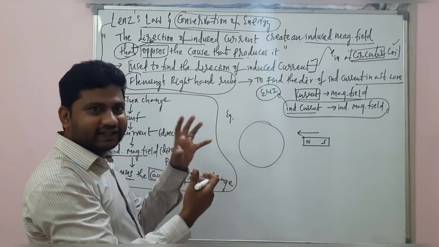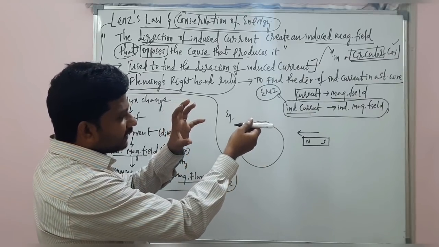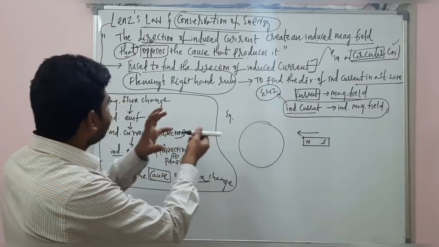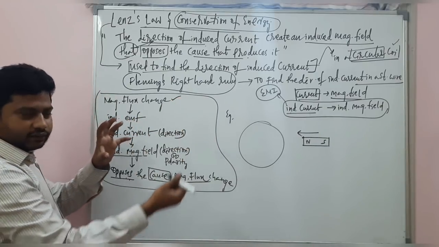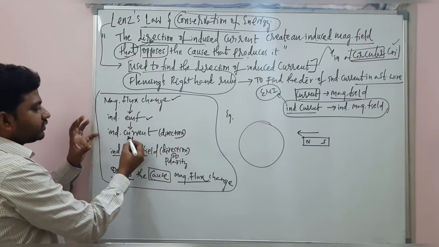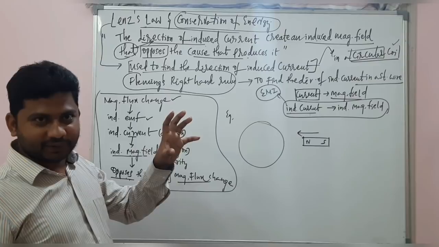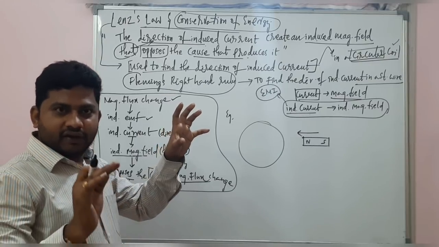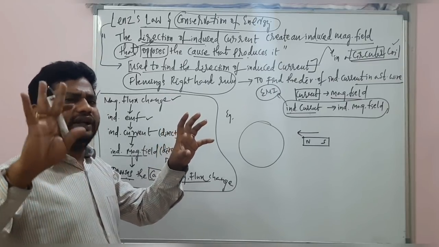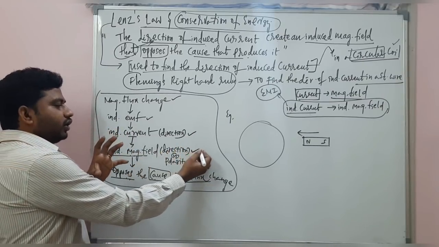Magnetic flux is linked with it, so magnetic flux change is there. Induced EMF will be produced, induced current will be produced. How the induced current will be produced here, that is important. For the time being, forget about the direction. Induced current is produced. Induced magnetic field is also produced.